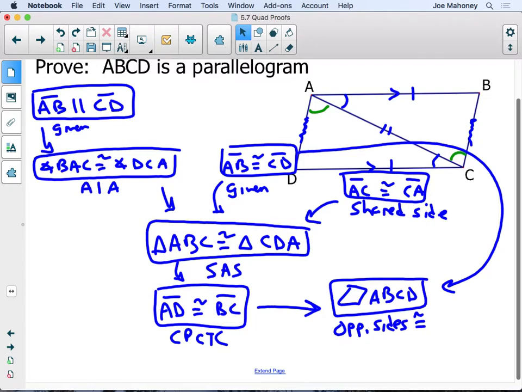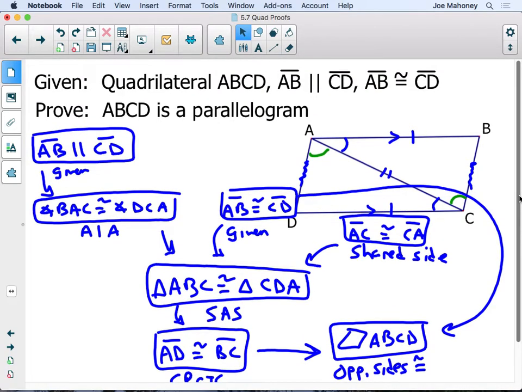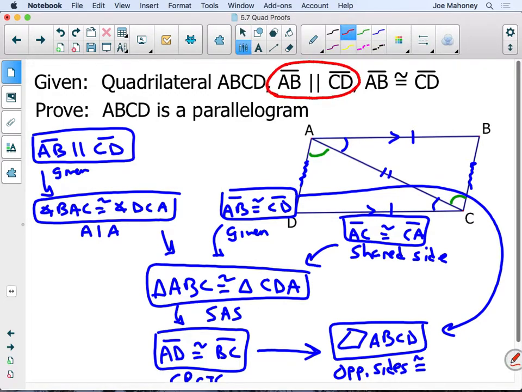But there's a bigger thing here. Look at what we were given. We were given a quadrilateral that had one pair of sides that were both parallel and congruent. And we proved it's a parallelogram. That's big stuff.